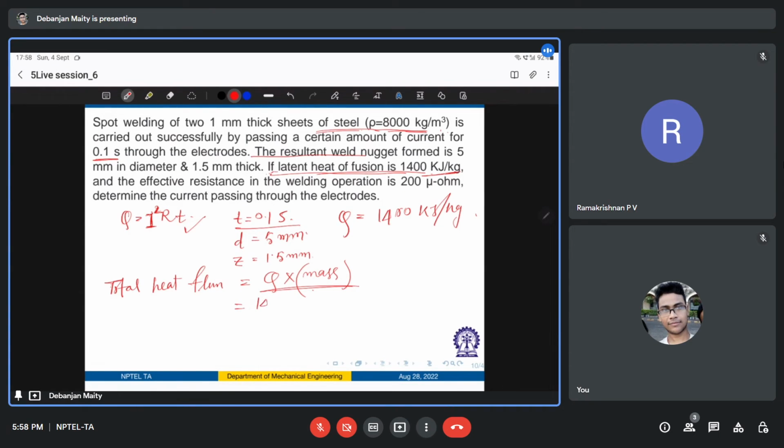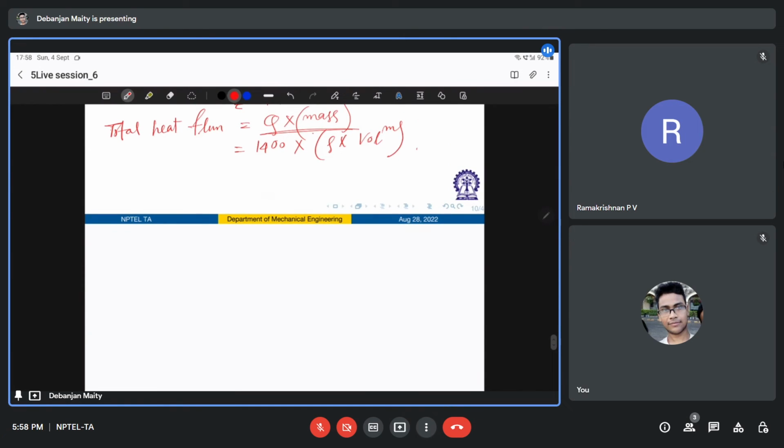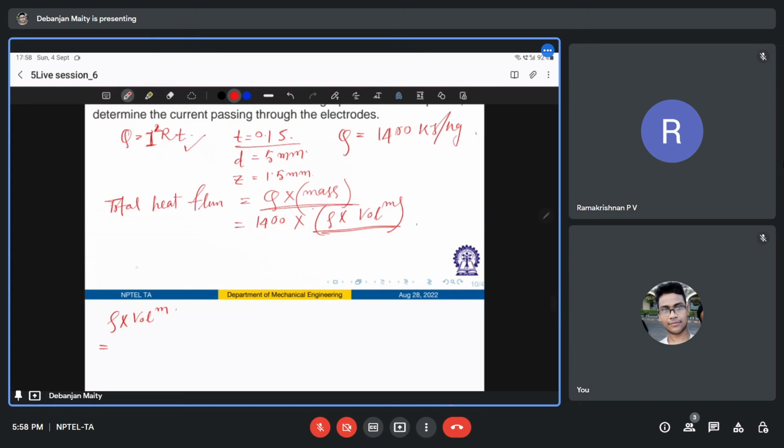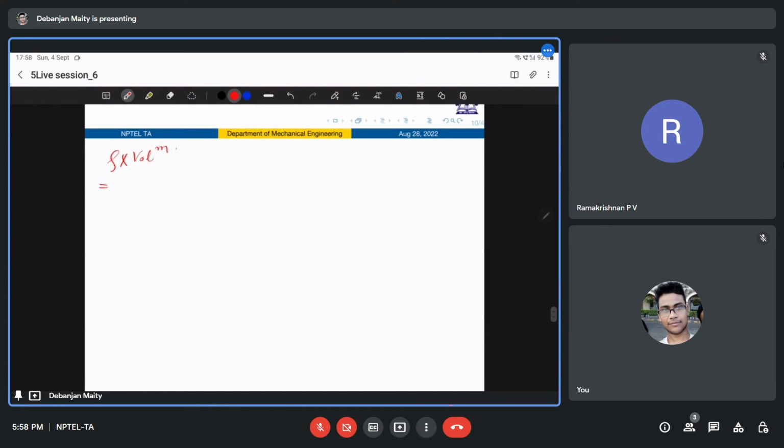So if this is 1400 kilojoule, mass is your rho into volume, and now let us determine it separately. Your rho into volume, rho is given as 8000 kg per meter cube.